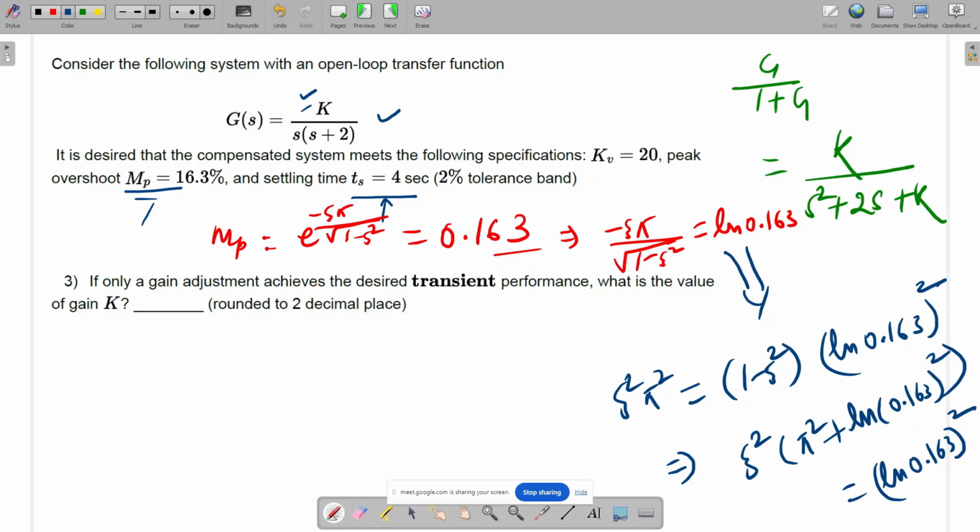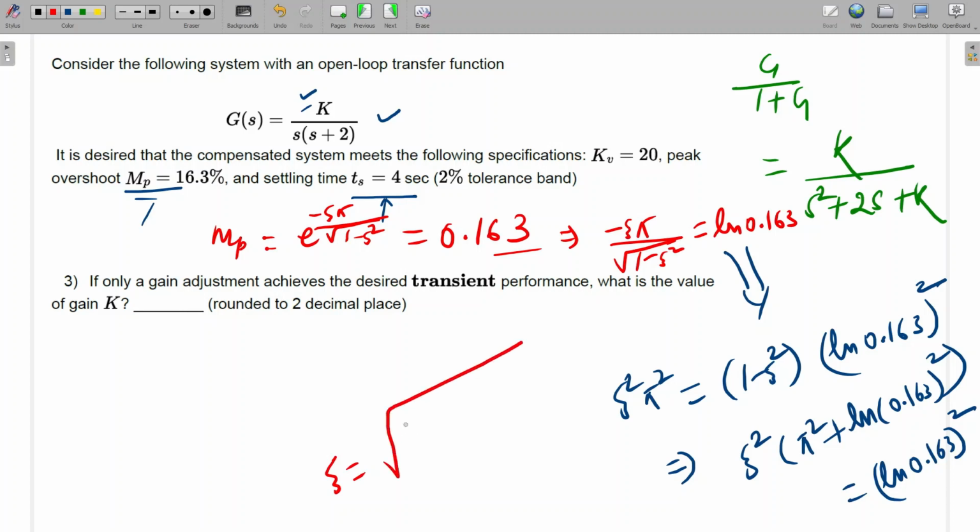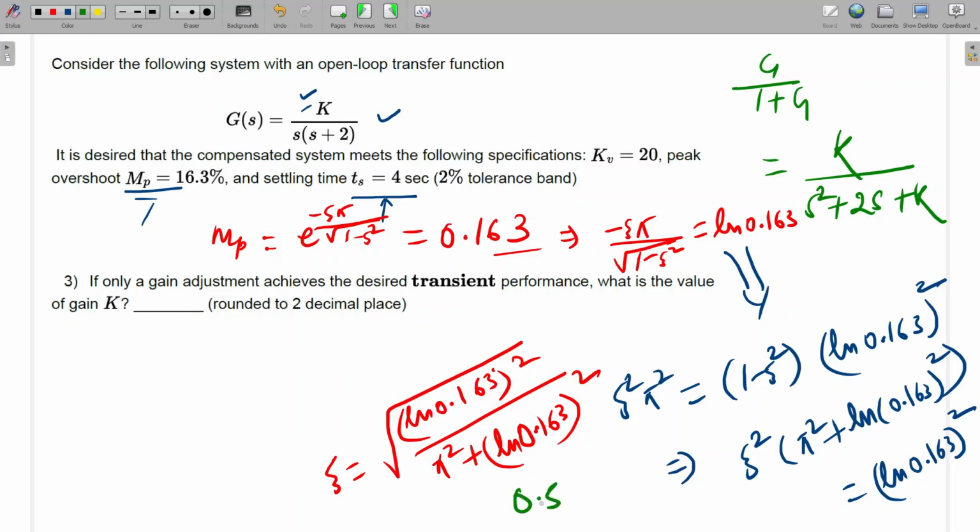From here we can calculate zeta. So zeta will be equal to the square root of ln 0.163 whole square divided by pi square plus ln 0.163 whole square. How much will be this value? I am also calculating. 0.5 we are getting. So this will be equal to 0.5.